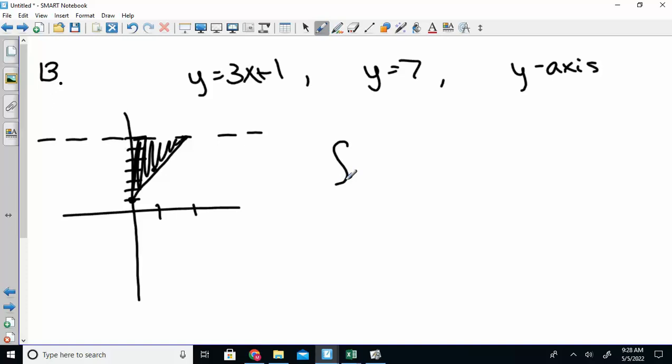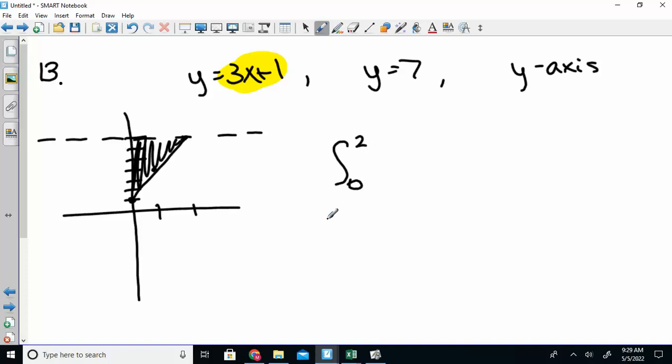Do we want to integrate with x or y? You could do either, except if you don't want to have to solve this for y, if I want to keep my variable as x, we could just do it in terms of x. So this starts when x is 0, it ends when x is what? 2.